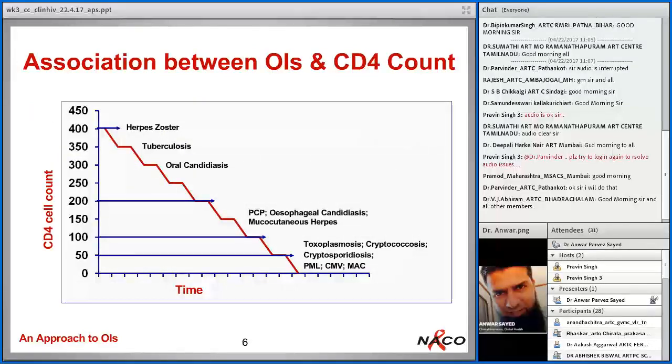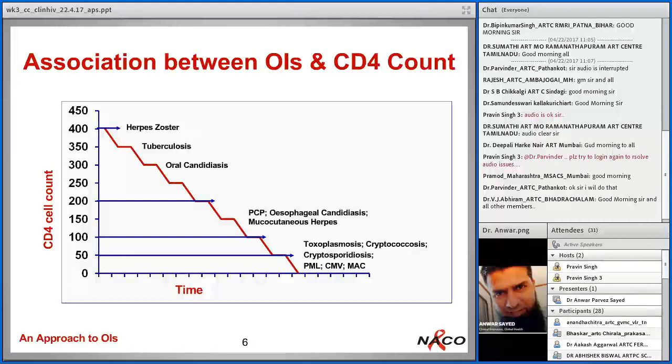Most of you might have seen this figure, in which on the left side you will see the CD4 count, and on the right side you will see the timeline. If the CD4 count is higher, there will be specific OIs you can predict. As and when CD4 declines, the number of these OIs will increase, especially if you focus on the cutoff of 200.